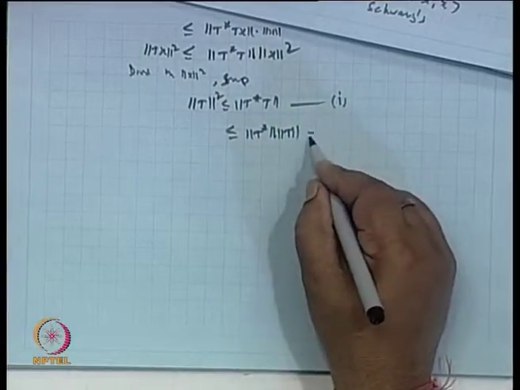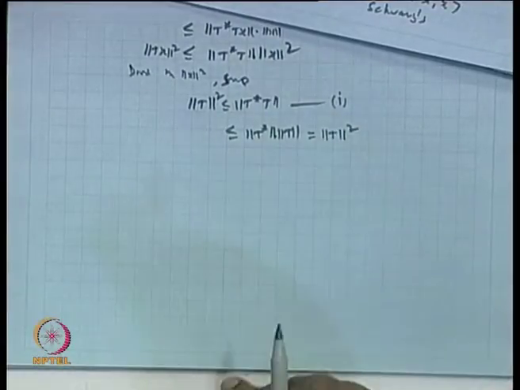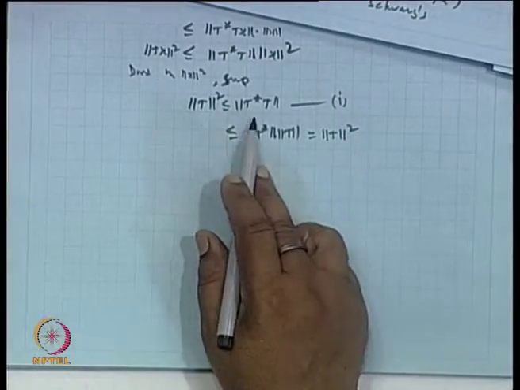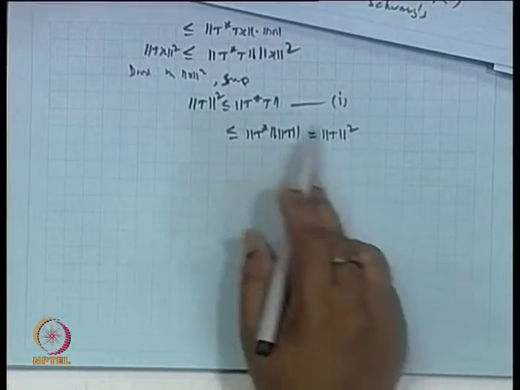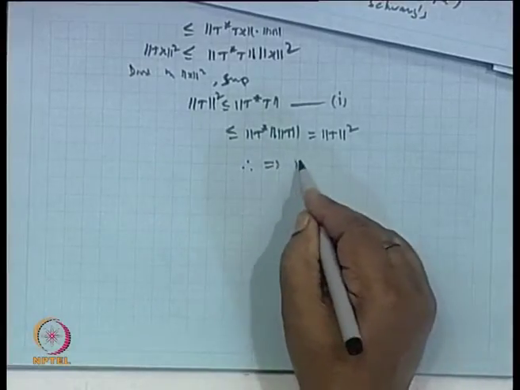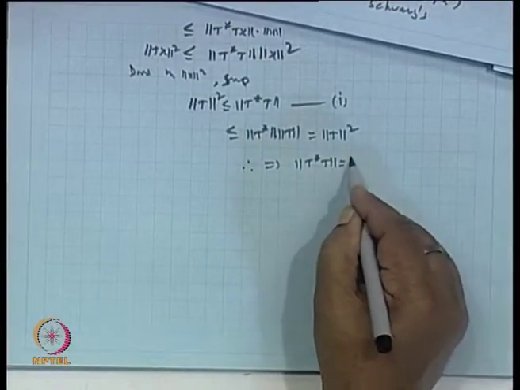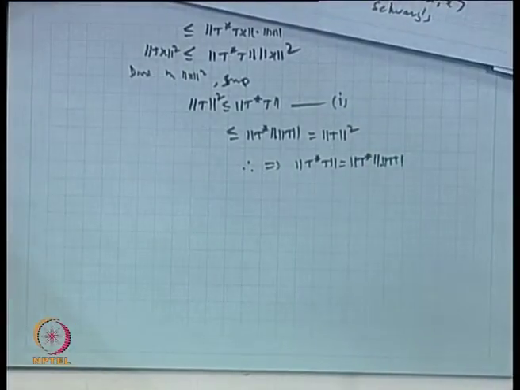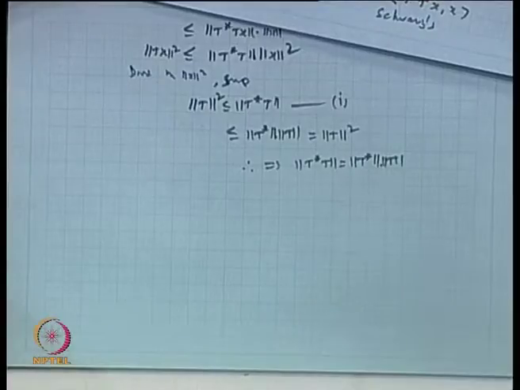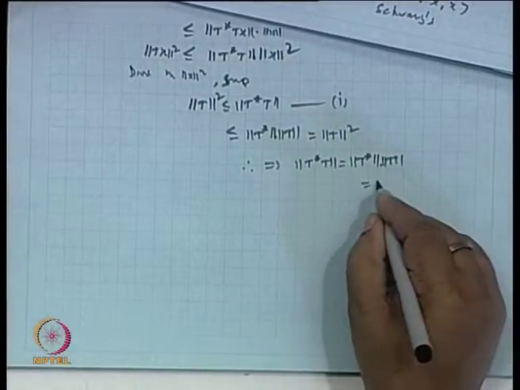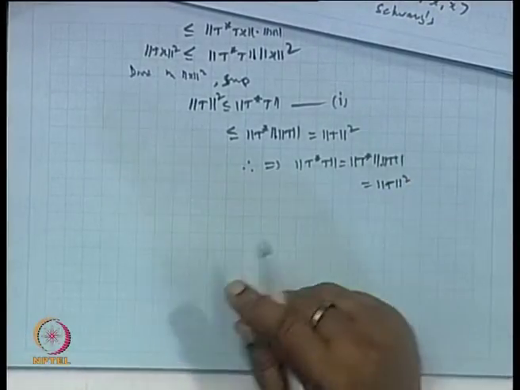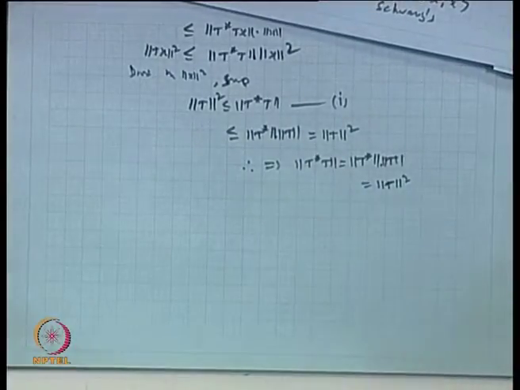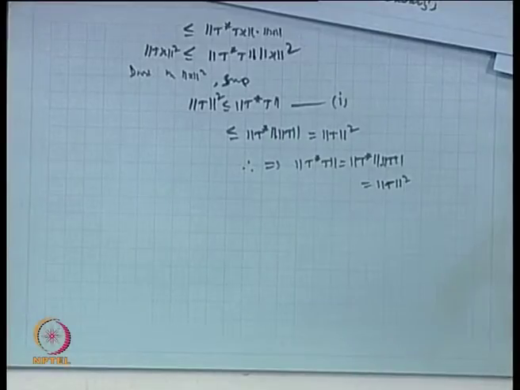T star has the same norm as T. It means these two are identical. When they are equal, this implies norm of T star T must be equal to norm of T star into norm of T, no? And basically both will be equal to norm of T square. Clear? So, this proves that result. Is it okay or not?